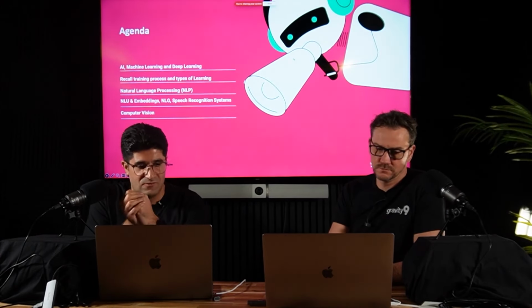At the beginning, we will look at the basic concepts such as AI, machine learning, deep learning. Then we will look at the process of learning, what machine learning means and how a machine can learn. And then we will look at 2 main areas of AI, which are natural language processing and computer vision.